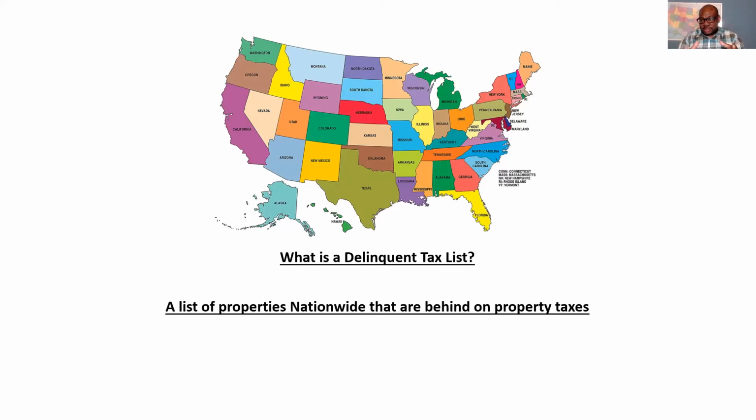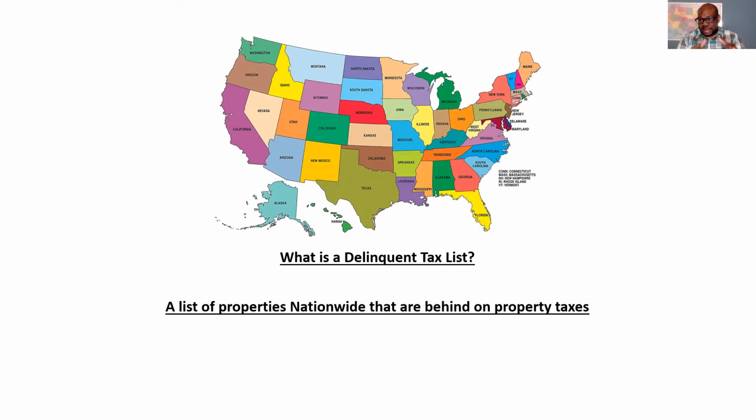So why is this list important? When you have someone, whether they have a house, piece of land, apartment complex, what have you, and they're delinquent, their property taxes are years behind, right? Not necessarily at the 1 year mark. You want to focus on people that are at least 2 years behind and older.